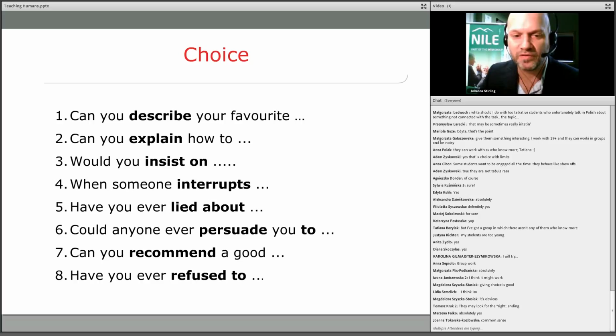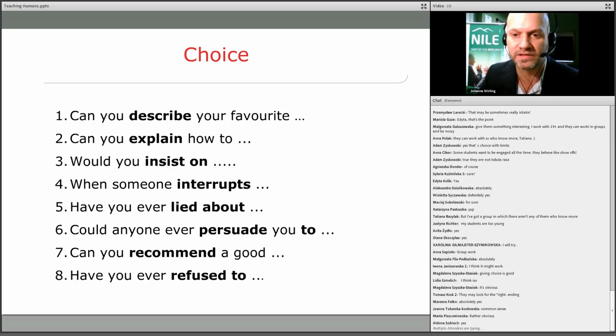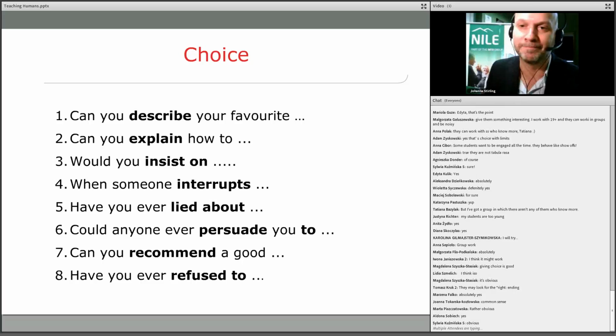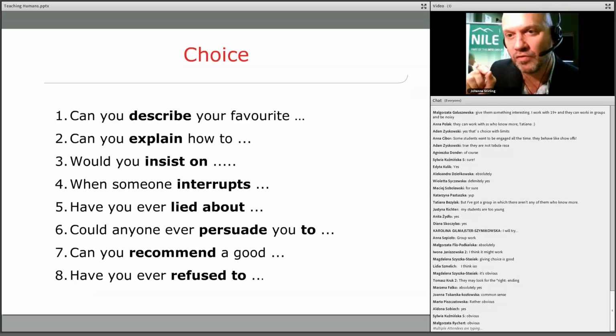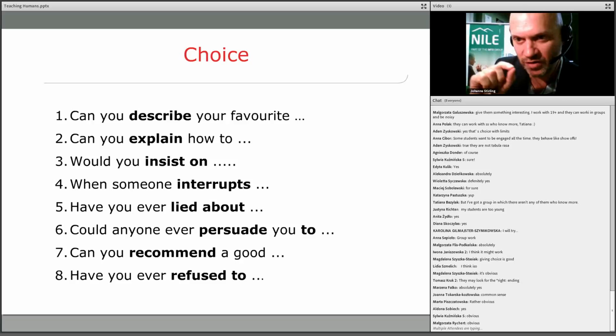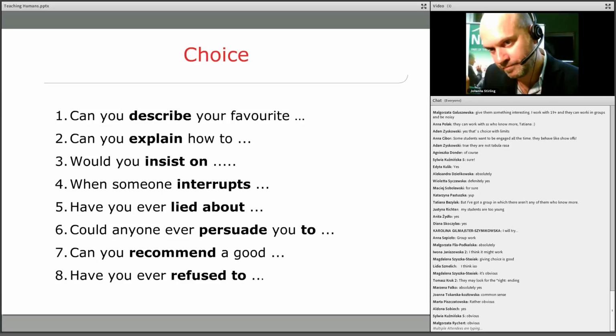Okay, so we've got some people who are saying that it's common sense, that it's obvious. Okay, so coming close to the screen, what I would argue is that what is obvious and what is simple is not always easy.